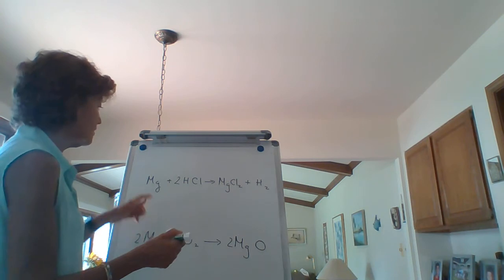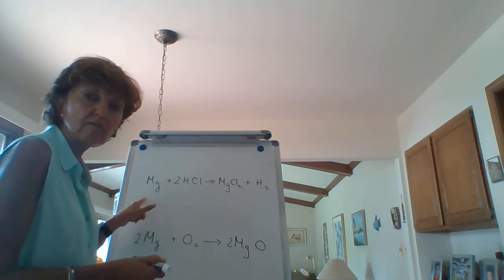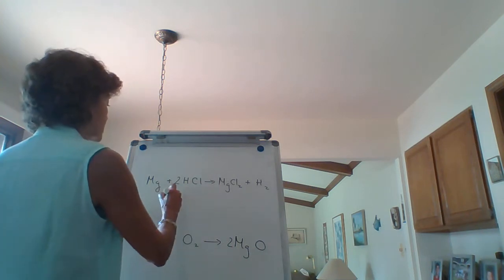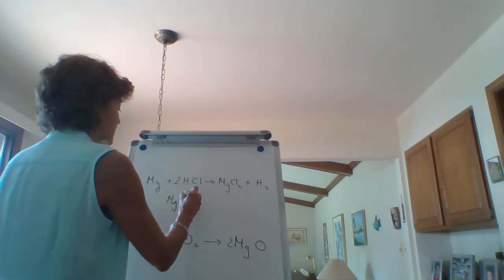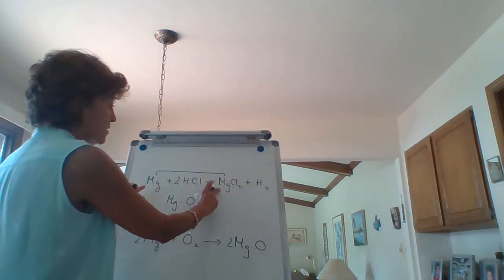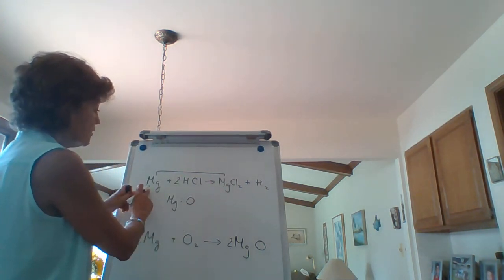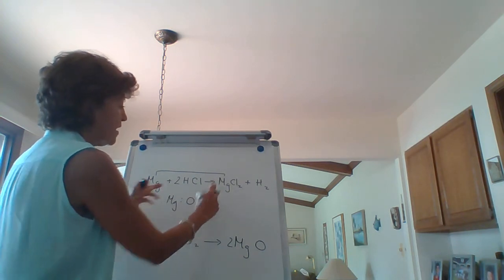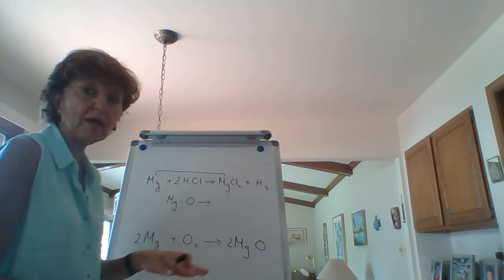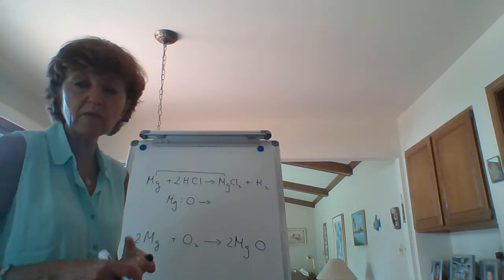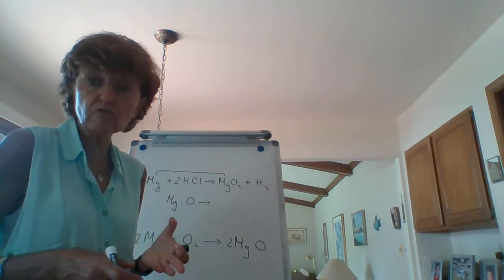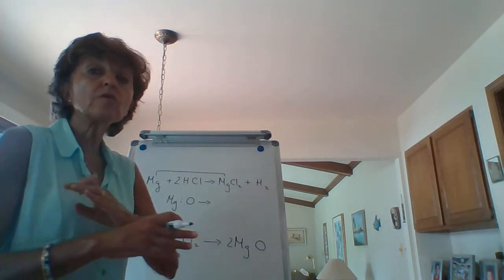So let's first take a look at the magnesium. Remember, magnesium all by itself, oxidation number is 0. On the other side, now it's part of a compound, an ionic compound. Magnesium's a group 2A metal. Its oxidation number is going to be the same as its charge, which will never change.